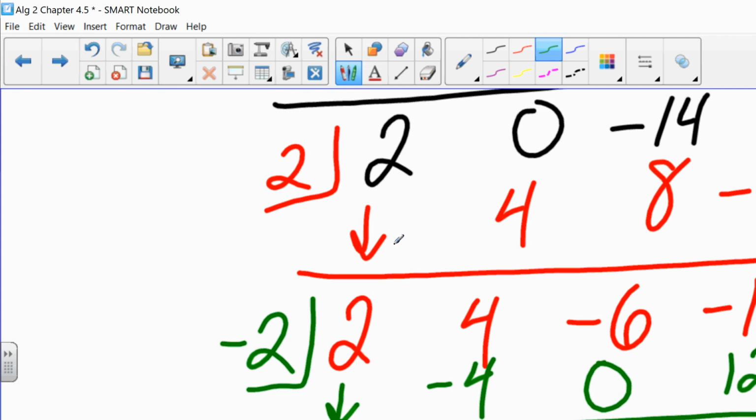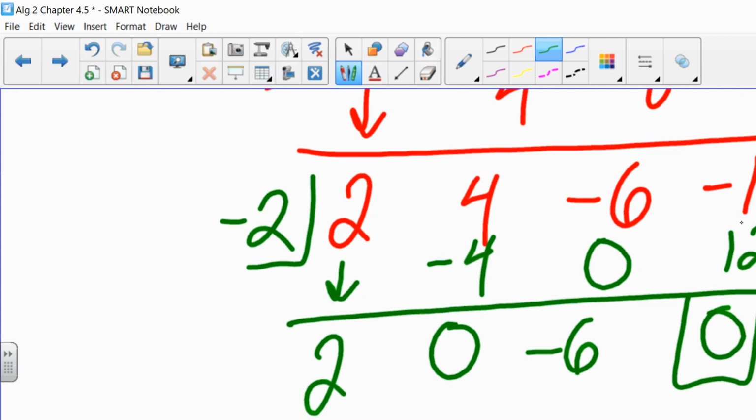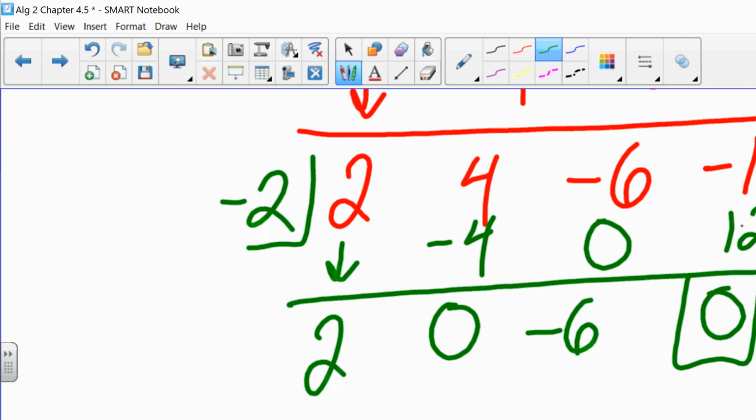And negative 12 plus positive 12 is 0. So that took it from a degree 5 down to a degree 4, down to a degree 3. Now it's down to a degree 2. The 6 would be our constant term, 0 would be our term with x, and 2 would be our term with x squared. So what we're left with is 2x squared minus 6 is equal to 0.